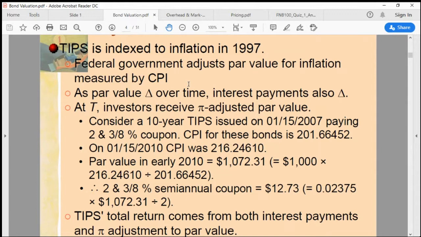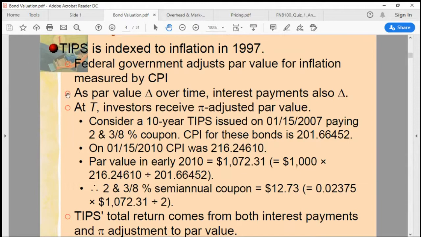But this is not a macro class. We've already talked a lot about macroeconomics. So those minor details, we'll leave for the macroeconomics class. We'll focus on the broad inflation index called CPI, Consumer Price Index.